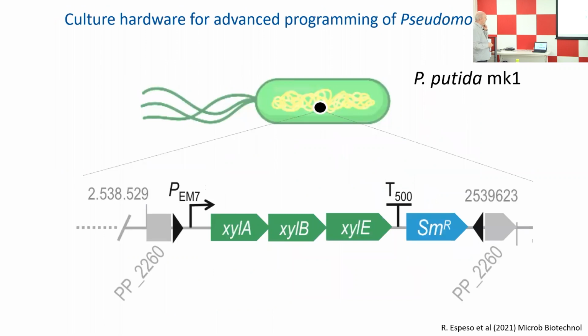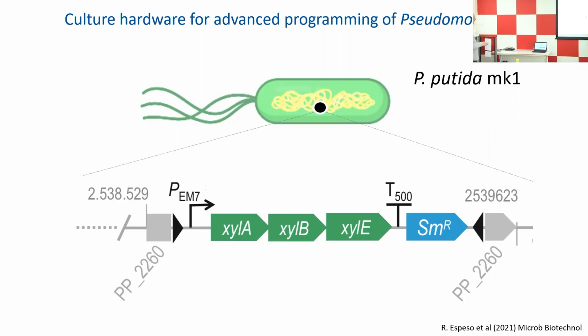So in this case, for instance, what we did was to insert a pathway for degradation of cellulose. That is one of the components of the treatment of lignocellulosic materials after some manipulations. In principle, these residues are good substrates for a variety of biotechnological applications.